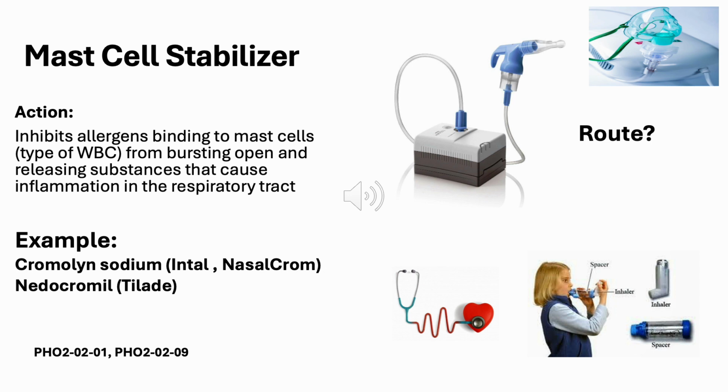A mast cell stabilizer is effective for the management of allergies. Some examples are allergic rhinitis. It is also used for asthma prophylaxis. It's also useful in patients with asthma who have post-exercise bronchial spasms.